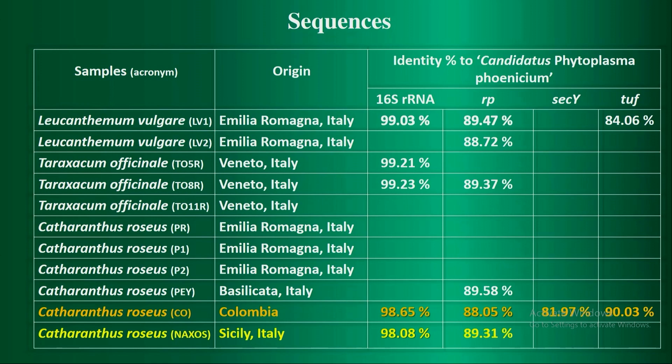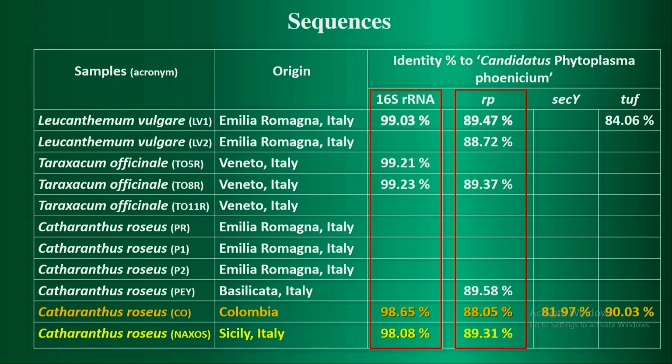In fact, in the second column, all the sequences show an identity of less than 19% to the reference ones. All the other genes shown in the table also gave a low identity sequence with the reference ones.